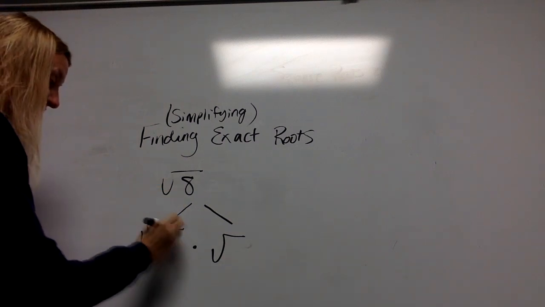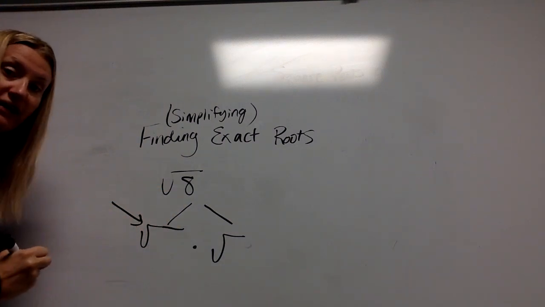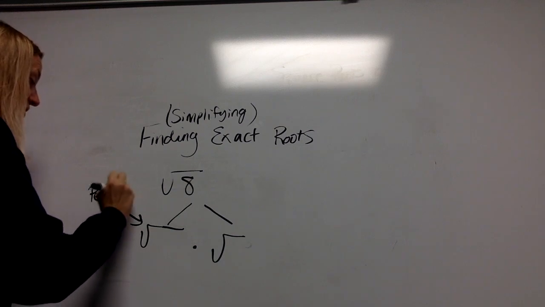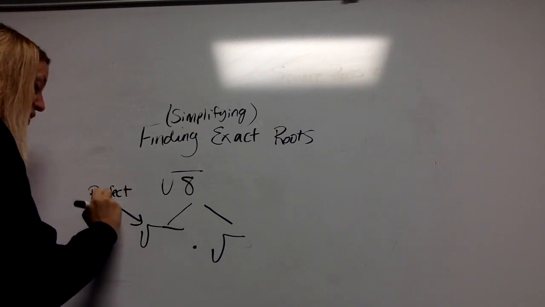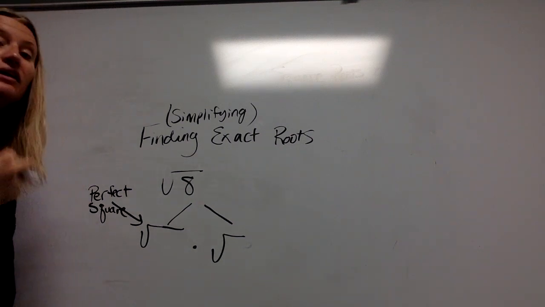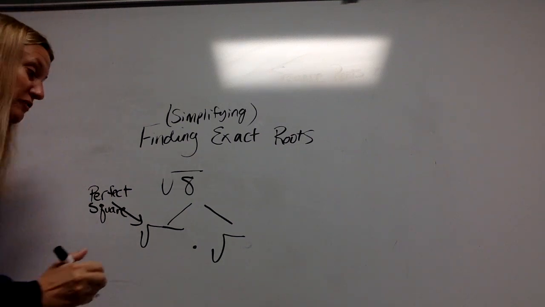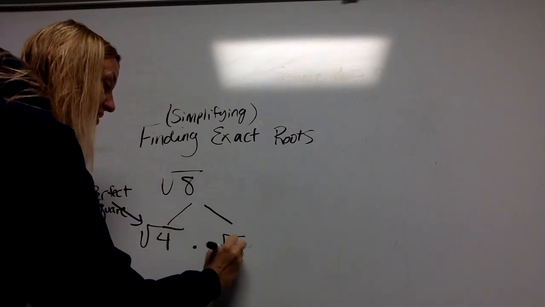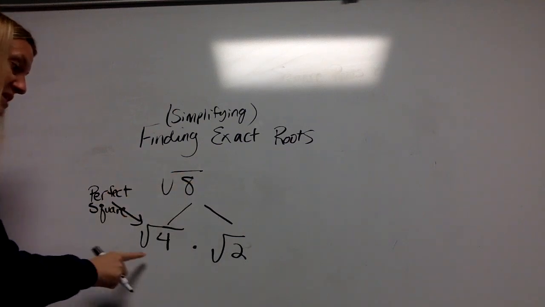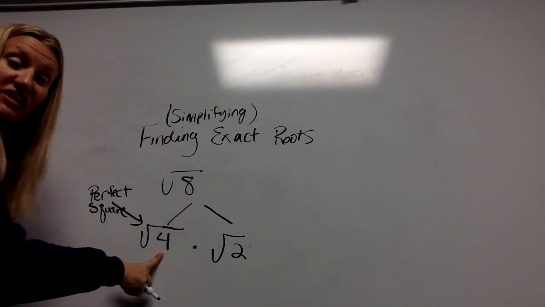Here's the only caveat. Whatever goes in this first one has to be a perfect square. So it has to be a number off of your perfect square list. I hope we all know 4 is a perfect square. So I can rewrite this as the square root of 4 times the square root of 2 because 4 times 2 gives me 8, and this number is a perfect square.